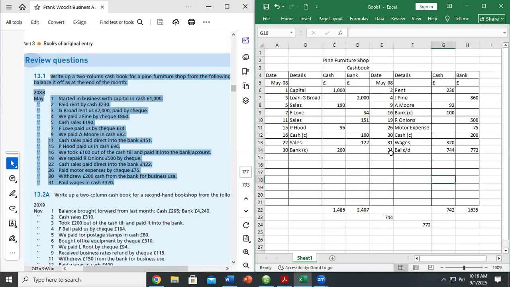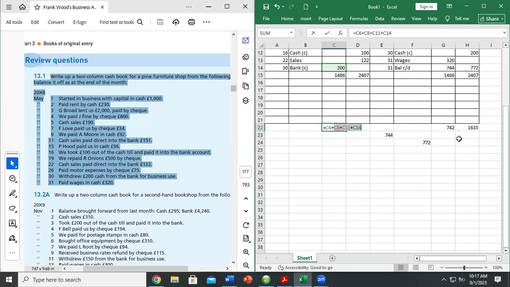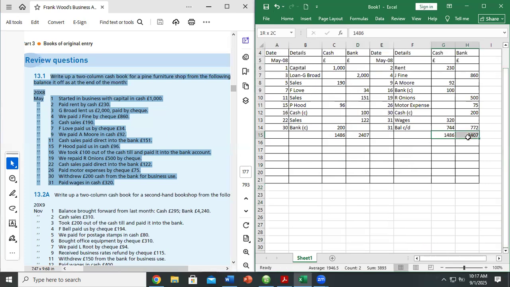After putting in your carry downs, you can do your totals, right? 1,486 for cash and 2,407 for bank. And now you can bring down your balance. Do your balance. Note that always your total figures should be aligned as well.